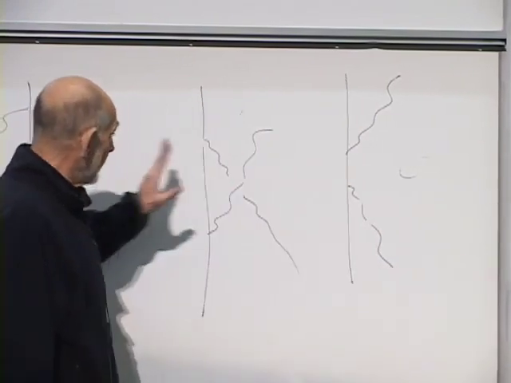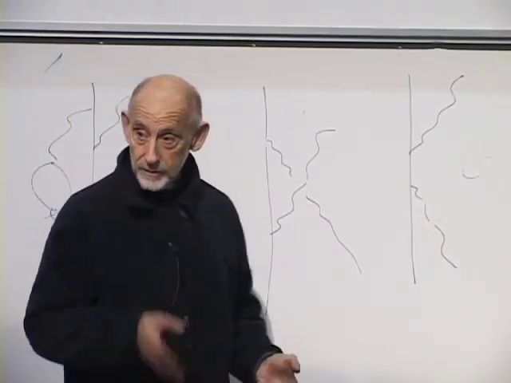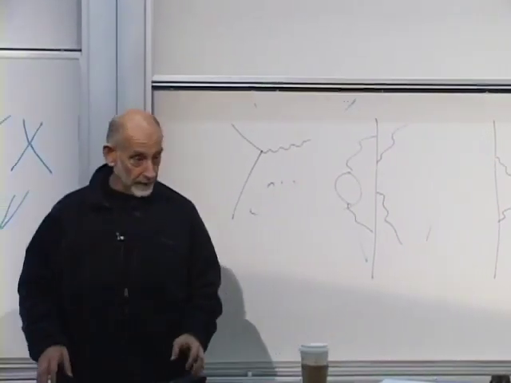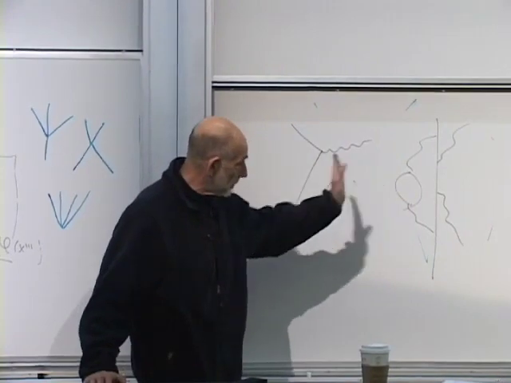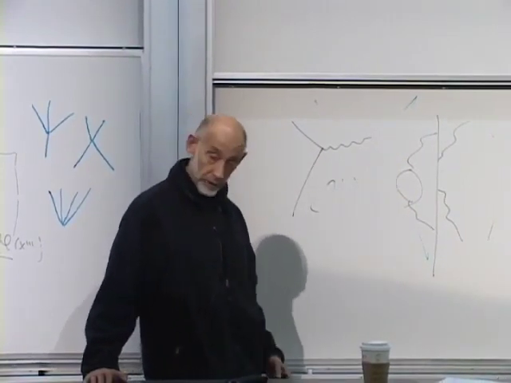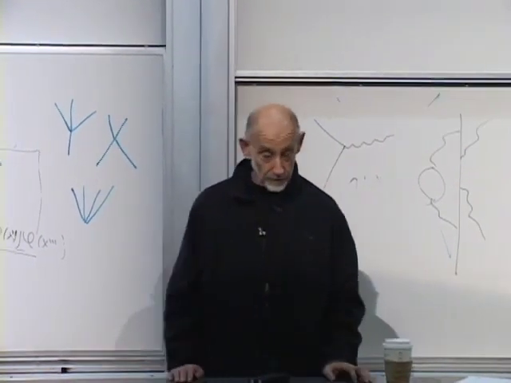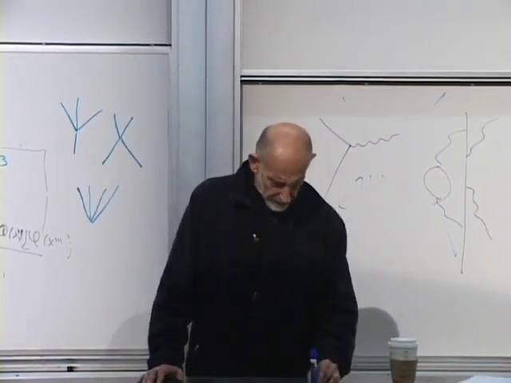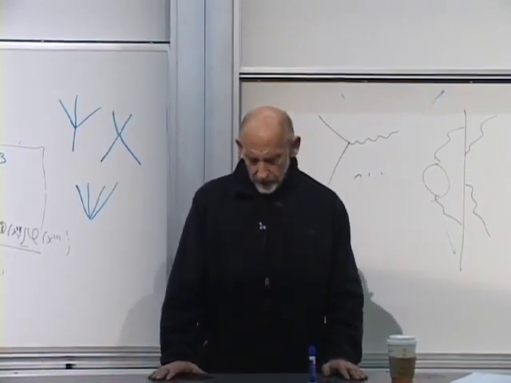You add them up and then you square. That's the rule. Add and then square. That means there are cross terms between them in calculating the probability. These are called interference terms. So that's the structure of quantum field theory. That's what we do with it.